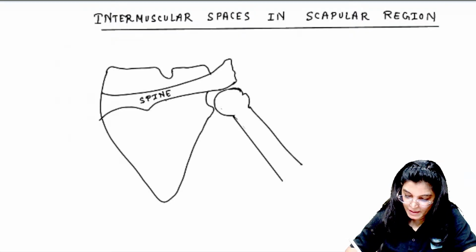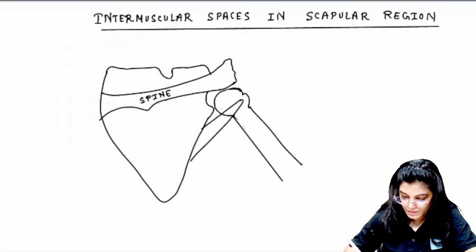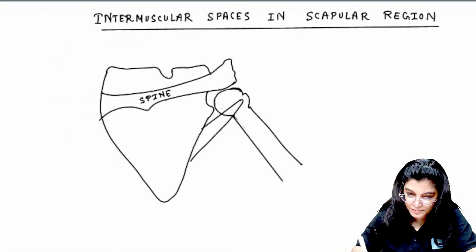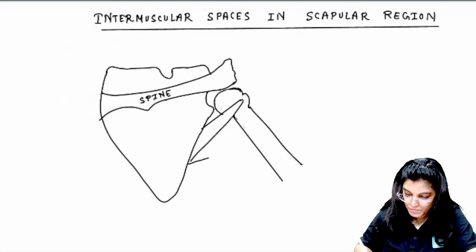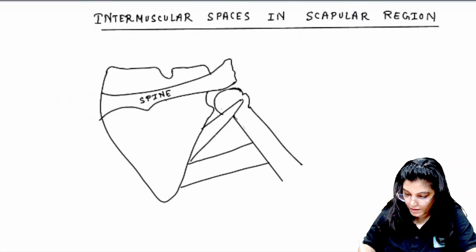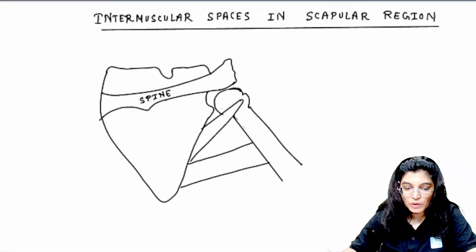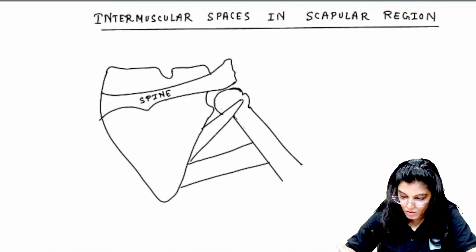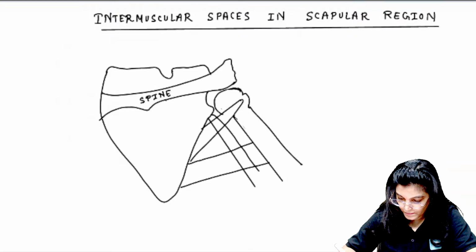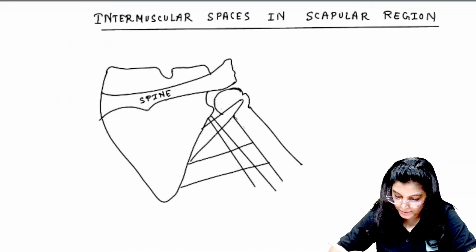So superiorly, we will make the teres minor muscle, and lower down we will make the teres major muscle. Overlapping to it, we will have the infraglenoid tubercle and the long head of triceps.